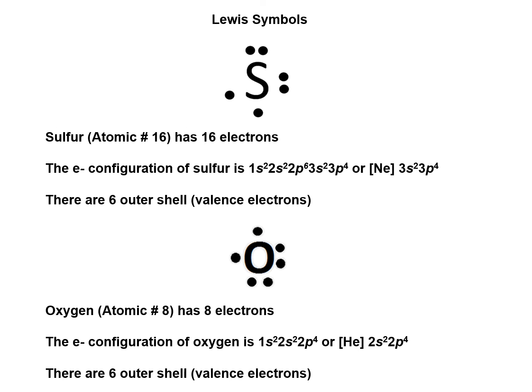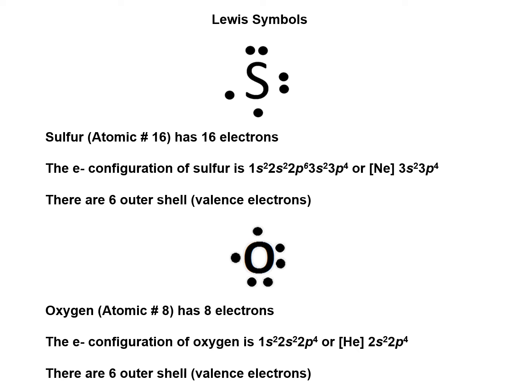If we look at sulfur, atomic number 16, it has 16 electrons. The electron configuration of sulfur is neon bracket 3s2, 3p4. There are 6 outer shell valence electrons. Again, we fill it clockwise, 1, 2, 3, 4, and then we have 2 more electrons to make the 6. So we start pairing them up, 5, 6.